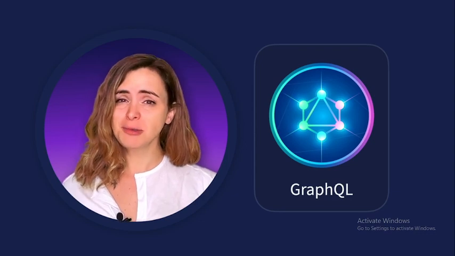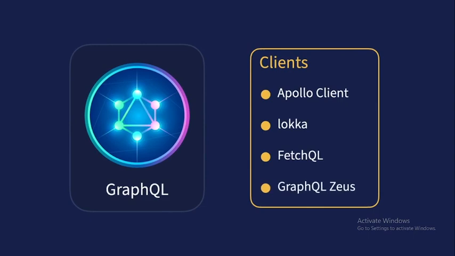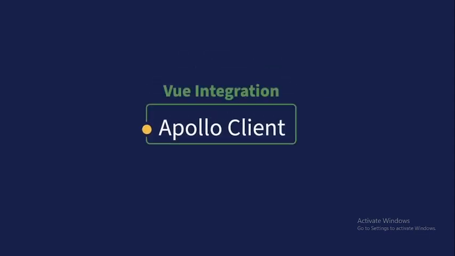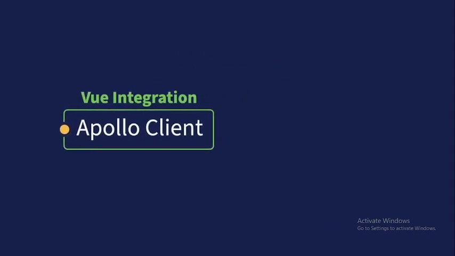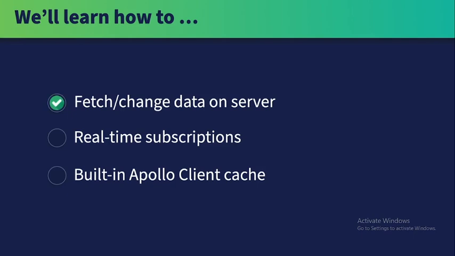We could use POST requests, but it's more convenient to use one of the GraphQL clients. In this course, we will be focusing on Apollo client and its Vue integration, which is called Vue Apollo. We'll learn how to fetch and change data on the server, how to work with real-time subscriptions, and even learn how to use a built-in Apollo client cache to replace your local state management tool like Vuex.